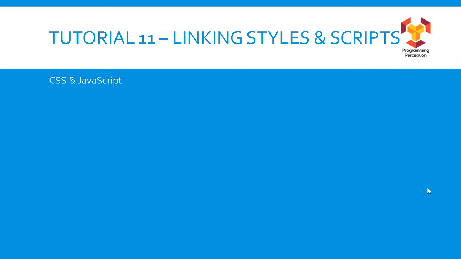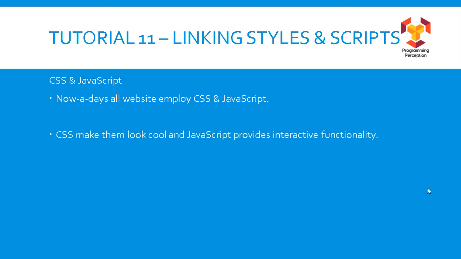And similarly, CSS is there for you if you want to provide any specific style to your HTML document. Nowadays, all websites employ CSS and JavaScript. CSS makes them look cool and JavaScript provides interactive functionality. So with the help of JavaScript, your page can easily interact with the user, and with the help of CSS, it will definitely look smarter and cooler.